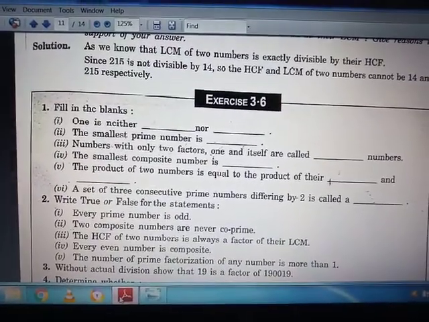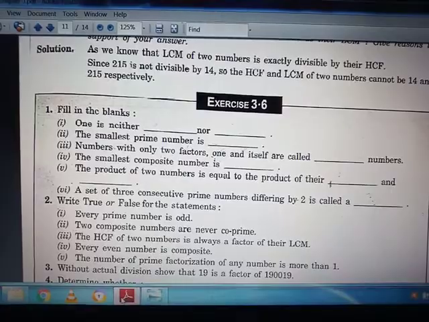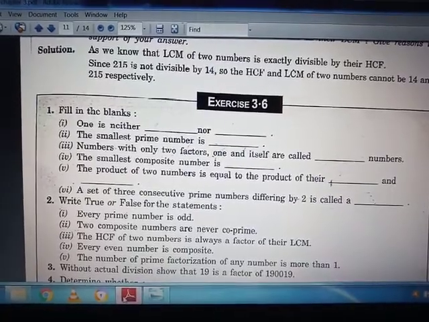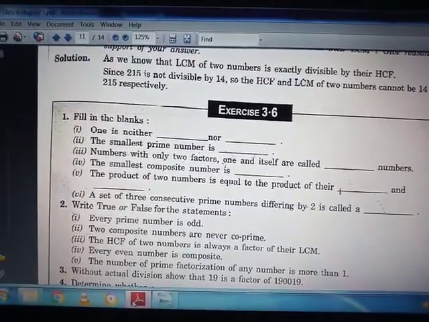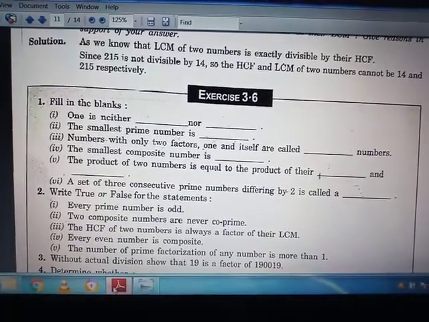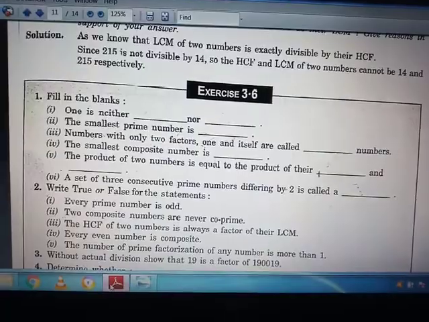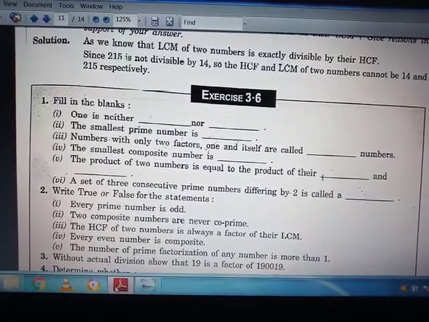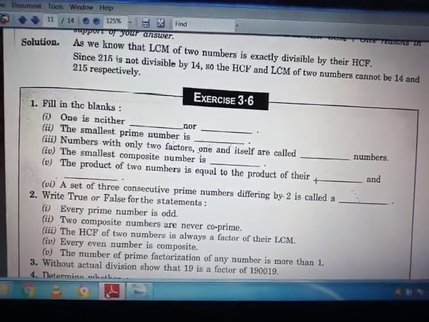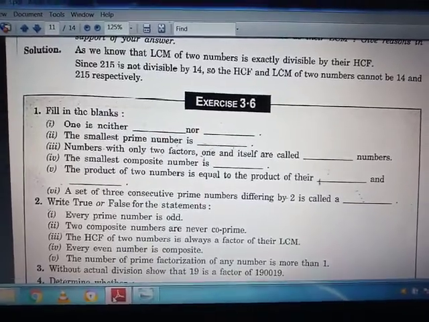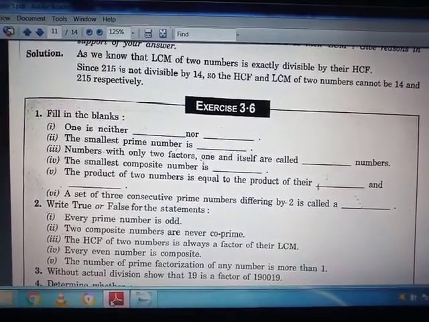We can see 3, then 5, then 7. 3 is prime, 5 is prime and 7 is also prime.